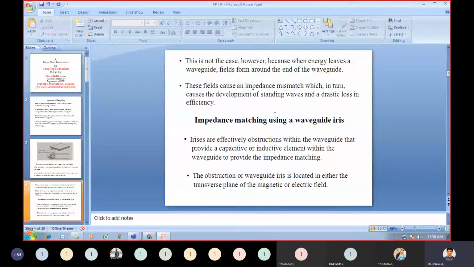It means that you need to locate these waveguide irises in either TM mode or TE mode. As a shortcut, you need to write it like that: only the transverse plane of the magnetic or electric field. You need to remember that.